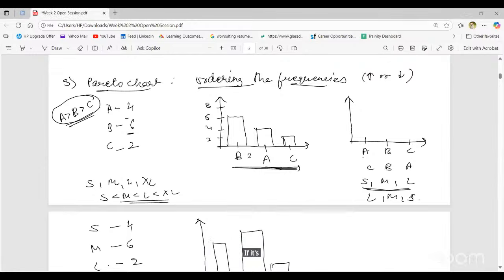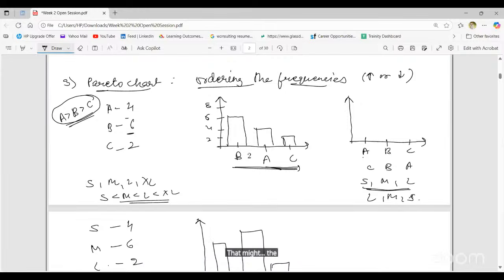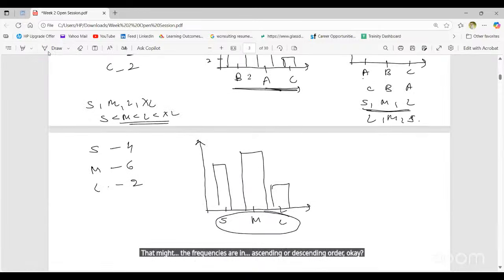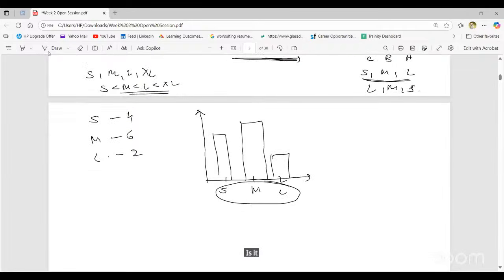If it's a Pareto chart, you have to sort the frequencies; you have to make the bar chart such that the frequencies are in ascending or descending order. And if you just have to make a bar chart with ordinal data, the main thing is you have to maintain the order. Is it fine now? Yes, ma'am.